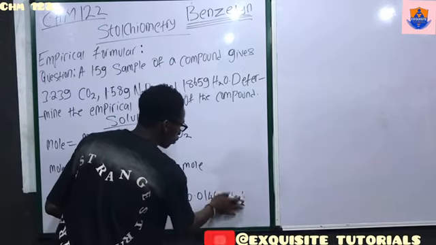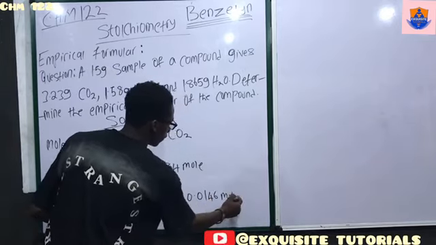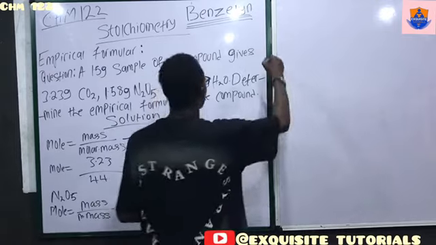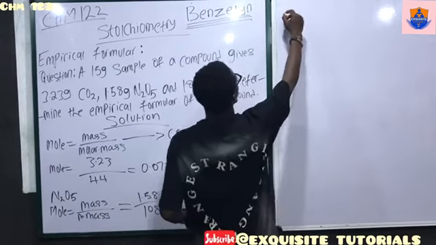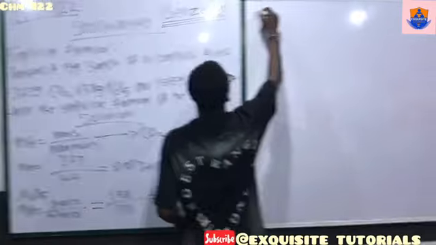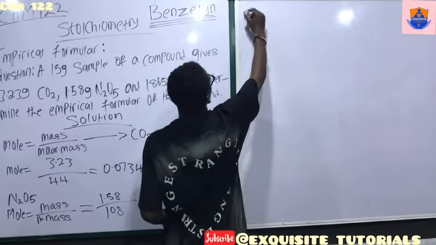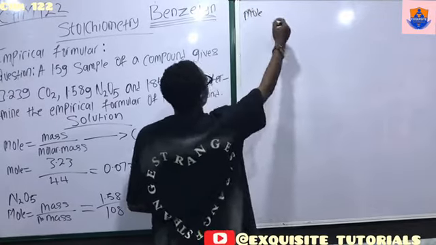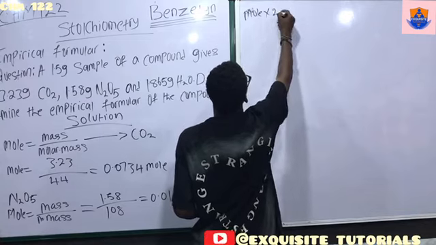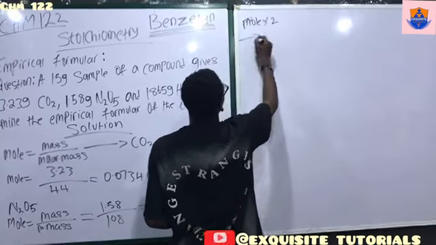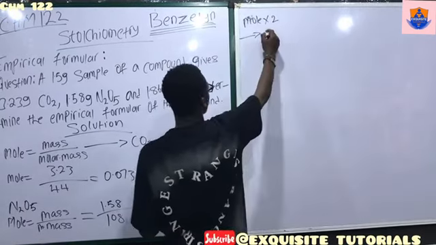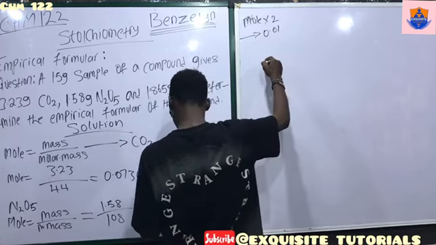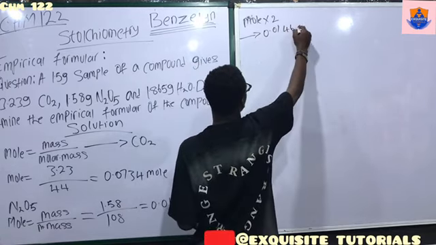Let me do it up here. So we have the mole times 2, which is equal to 0.0146 times 2.